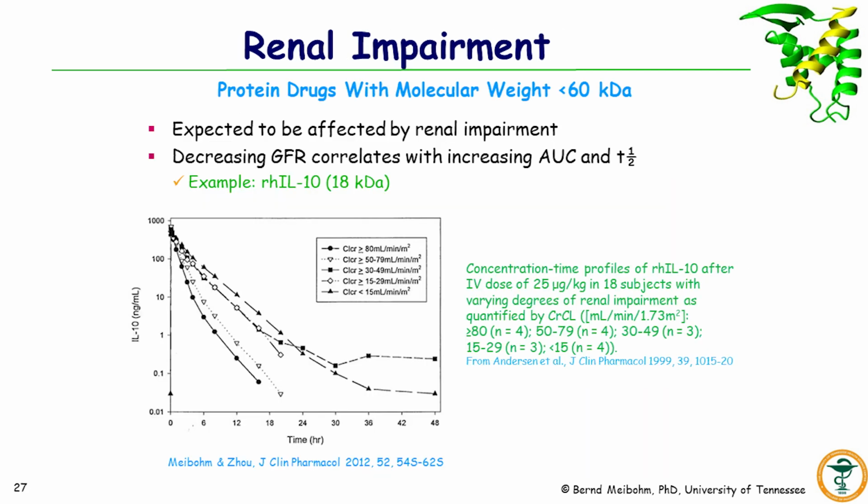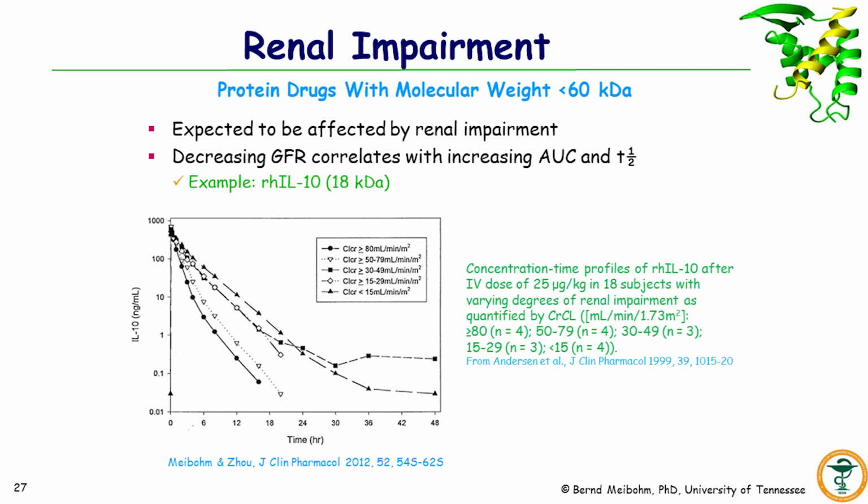So what does this mean clinically with regard to patients that have renal impairment? For protein drugs with a molecular weight below the cutoff of 60 to 69 kilodalton, I wrote 60 here, I had 69 on the previous slide. There's obviously, as I mentioned before, not an absolute cutoff in weight, but basically the hydrodynamic radius is more important.